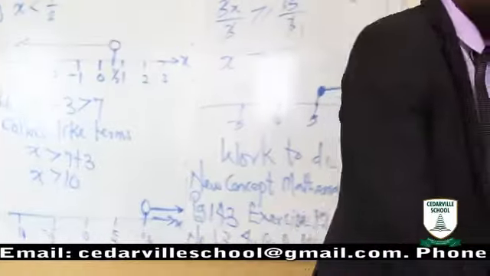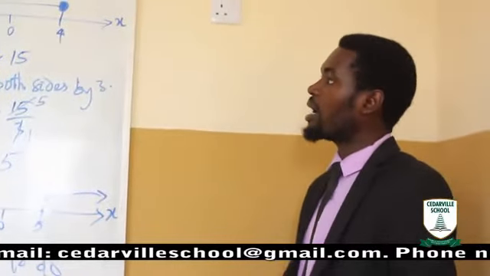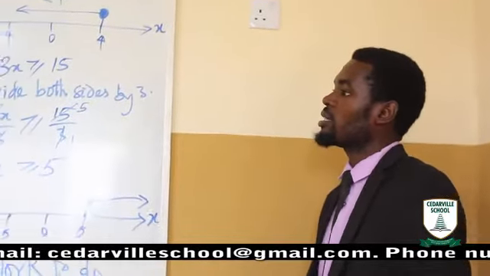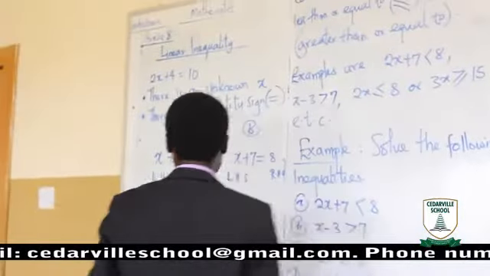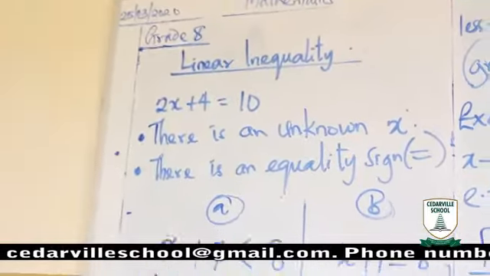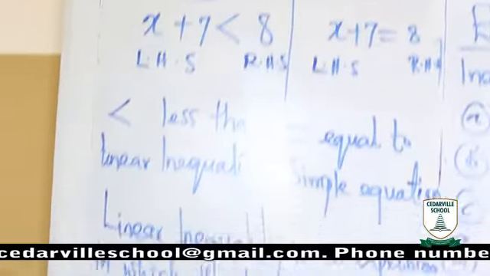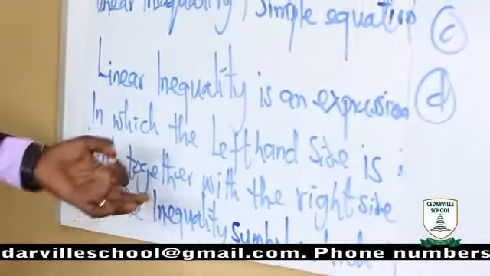So I would like to have a recap of everything we have done again in a short while. And what did I say? I said linear inequality is an expression in which the left hand side is joined together or combined with the right hand side with the inequality symbol.